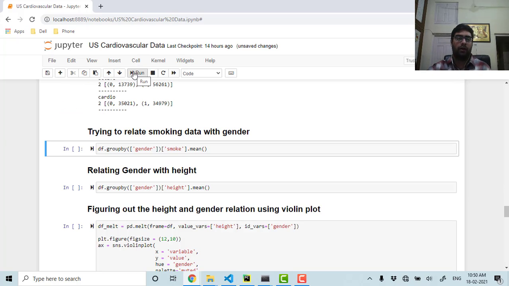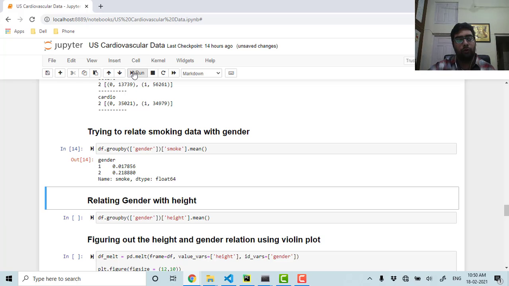Now let's try to get the intuition of who is male and who is female. I thought that in general most of the men smoke. So I thought it would be a good idea to get the intuition of who is male or who is female.